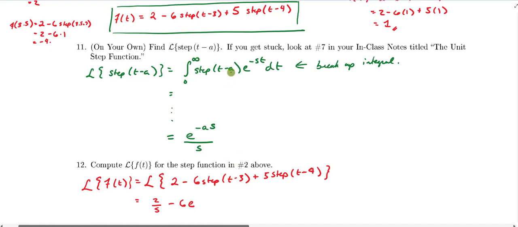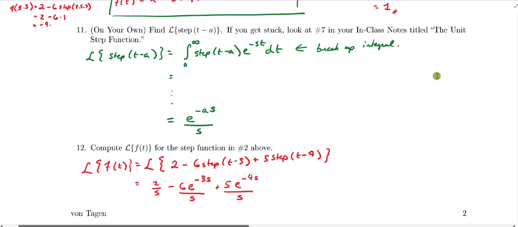So a in this case is understood to be 3, and then we get e to the minus 3s over s. Likewise, again, by the linearity, we get the plus 5, and then when we apply the Laplace transform to the step function of t minus 4, a is being played by 4, so we get e to the minus 4s all over s.